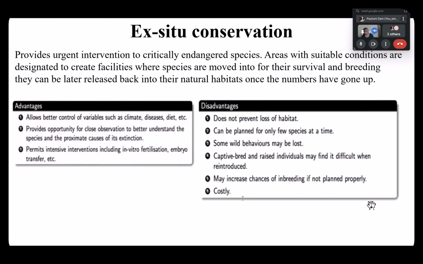So these animals now need human intervention, and they are taken to a new suitable environment created artificially by humans.